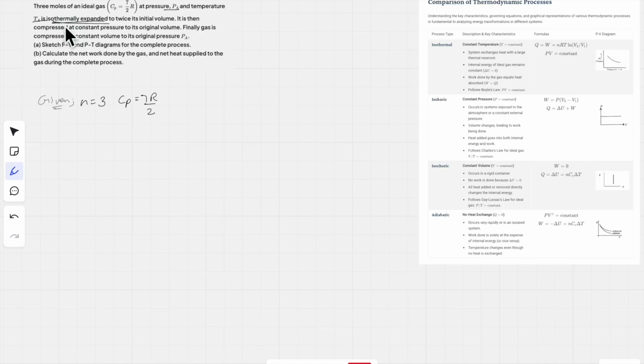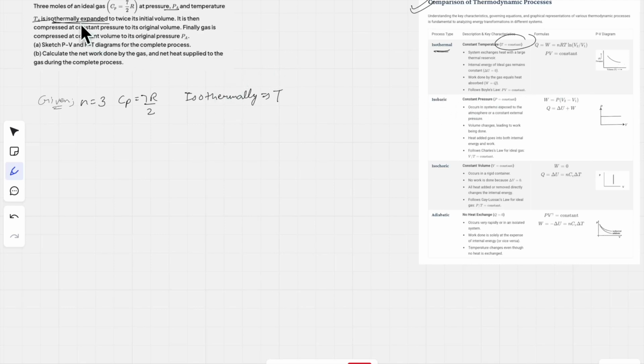So isothermally means at a constant temperature. If you don't know, isothermally means temperature is constant, as we can see here also, constant temperature. So this chart is quite important. I will post this chart in the description box and comment sections, so you can take it down from there.